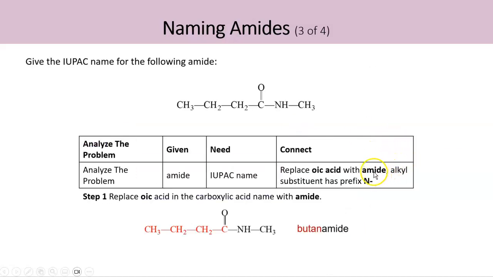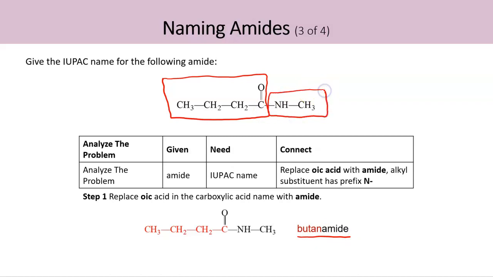Now we will see an example. Give the IUPAC name for the following amide. The first step, as always, is to identify the carboxylic acid fragment. This comes from butanoic acid, so we will start with the name butanamide. The second step is to identify the amine fragment.